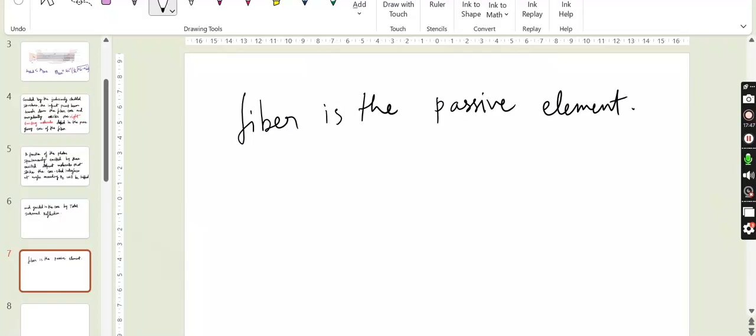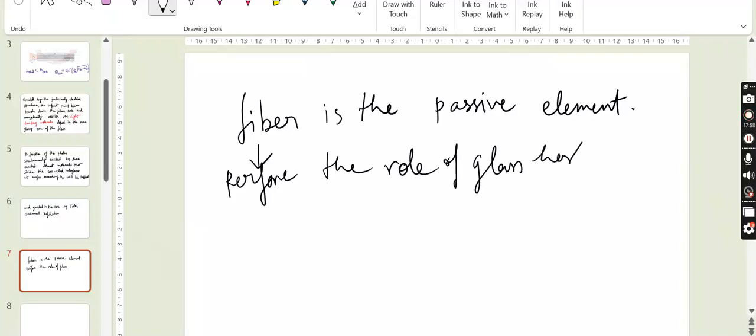It performs the role of a glass host into which the light producing active medium is embedded, just like the conventional solid state laser.